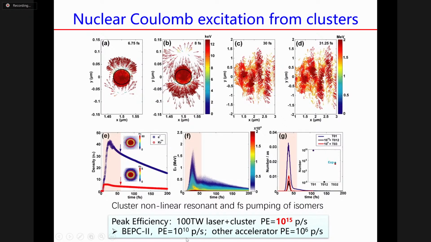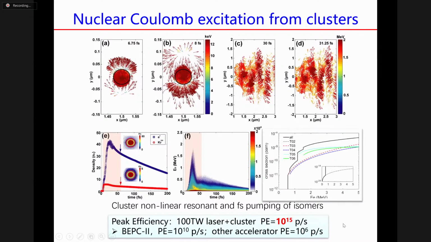If we calculate according to the ability of the BEPC2, the Beijing Electron Positron Collider, the peak efficiency is 10^10. So it is actually 5 orders higher than the BEPC2 collider. And all the accelerators are even much lower than 10^10, only around 10^6.